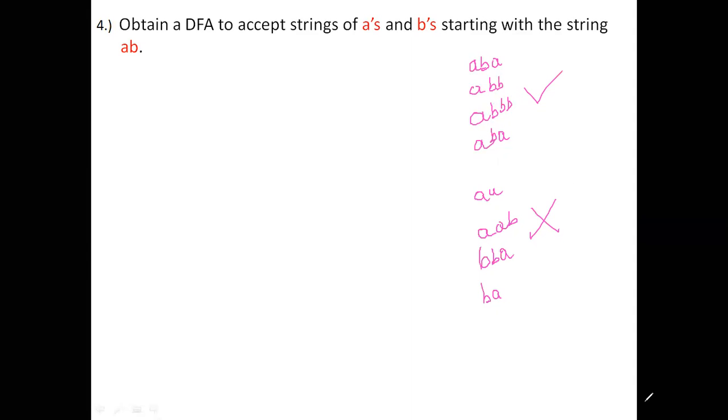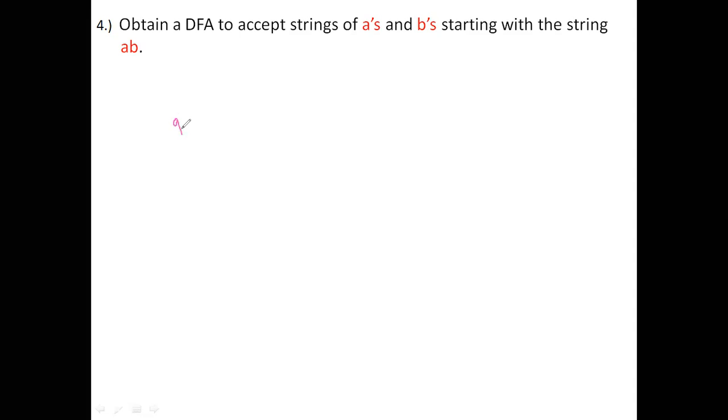Here the minimum string is AB exactly, so the length of the minimum string is 2, A and B. So the number of possible states will be N plus 1, which is 3.